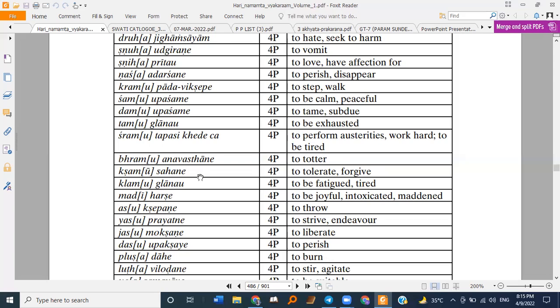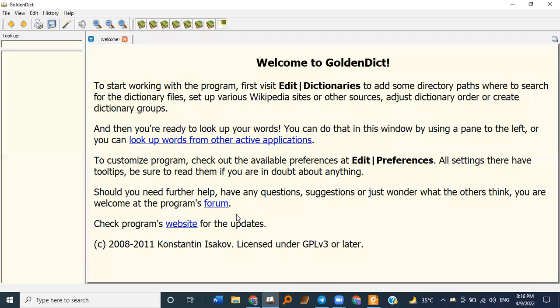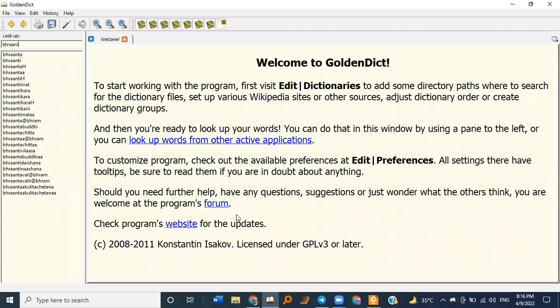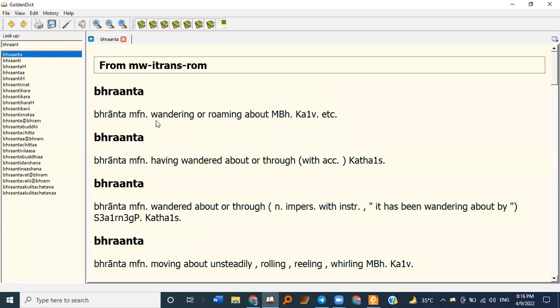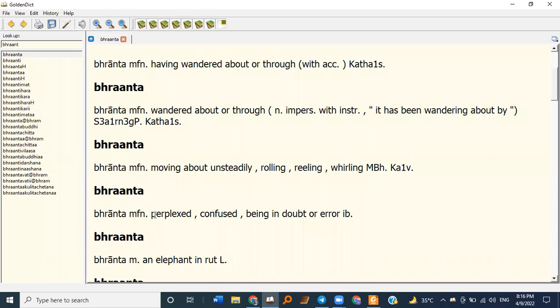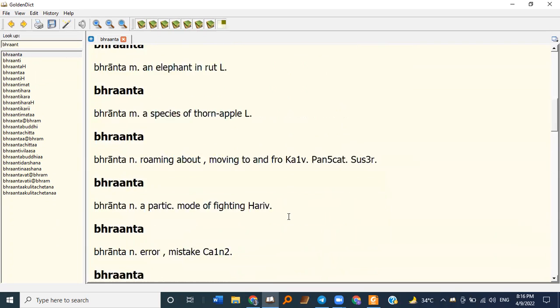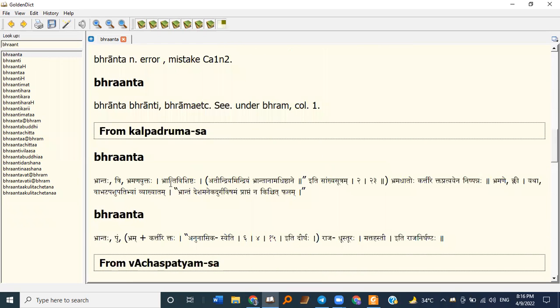So Brahmu Anavasthane, words like Brahmana. I think Bhrant is also coming from Brahmu. Bhrant, Vibhrant. I've read that word, Bhrant. Yeah, Bhrant also comes from this. Bhrant is like perplexed, confused, or moving here and there.